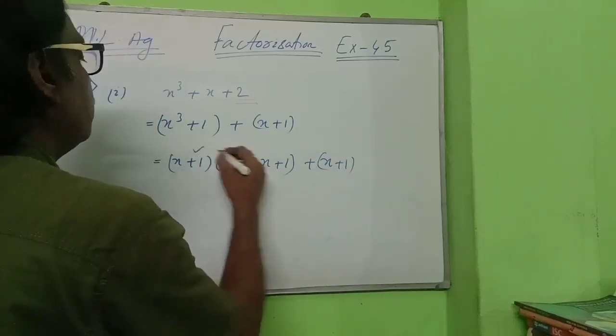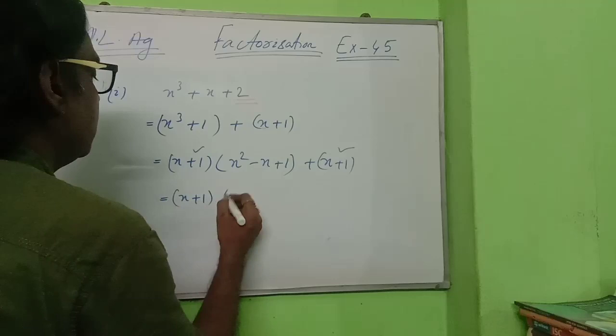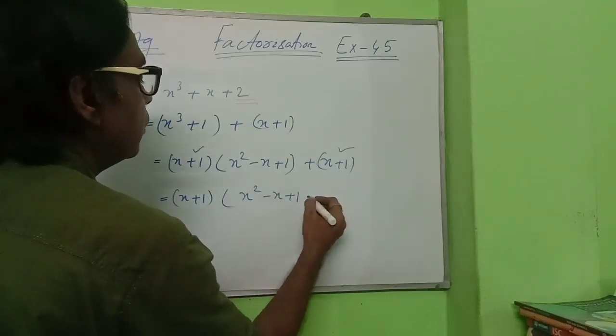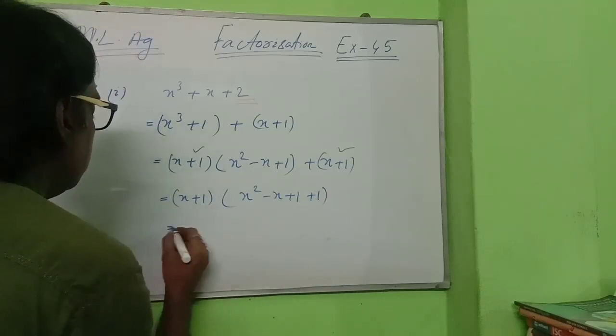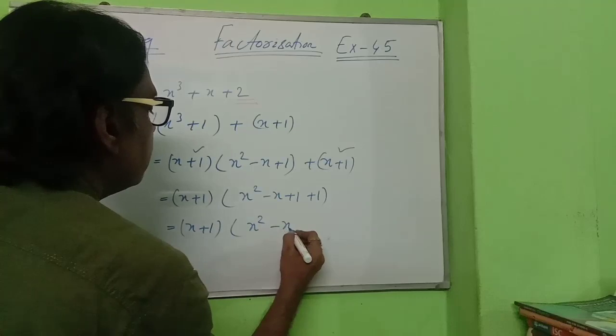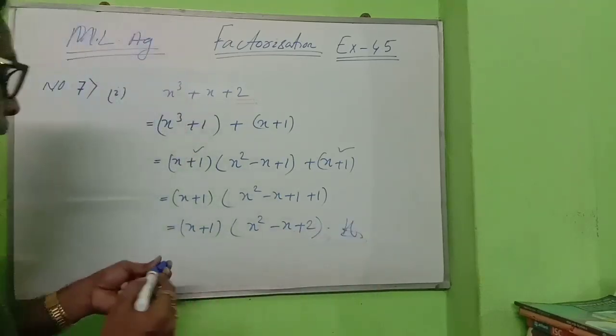Next you have to take x plus 1 common. After taking x plus 1 common, what is left? That is x square minus x plus 1, and here plus 1 also left. The final answer will be x plus 1 into x square minus x plus 2. This is the answer of number 7 first part.